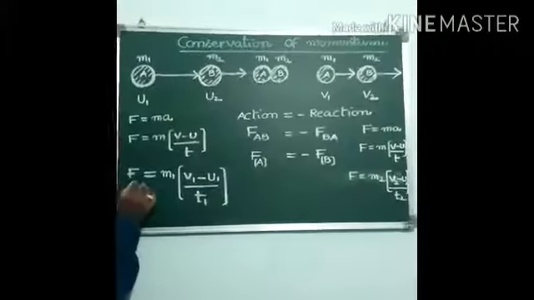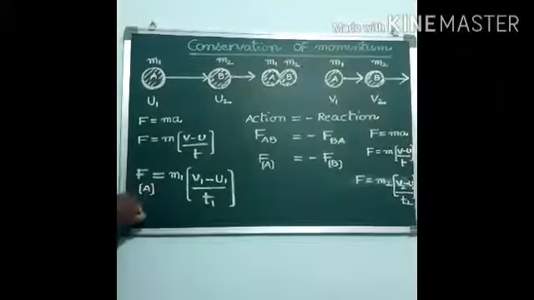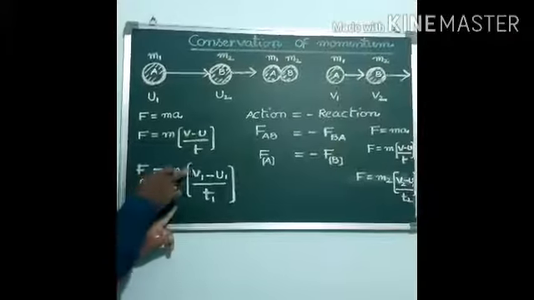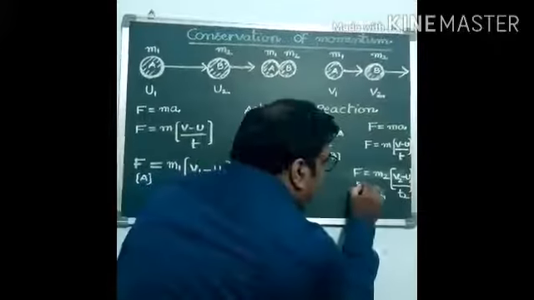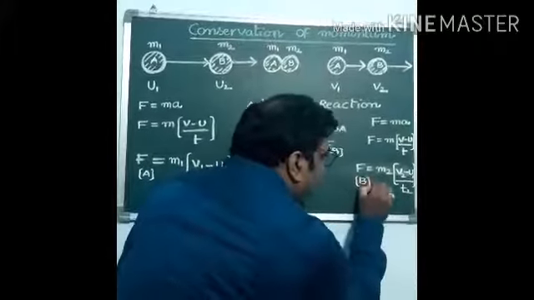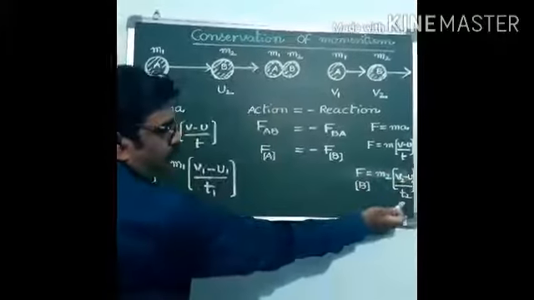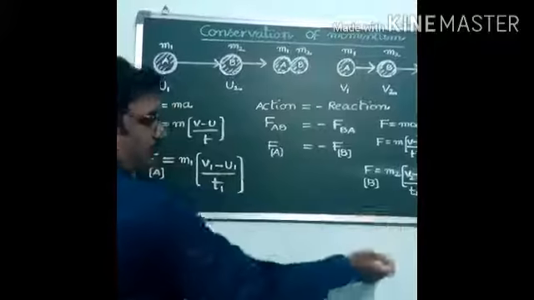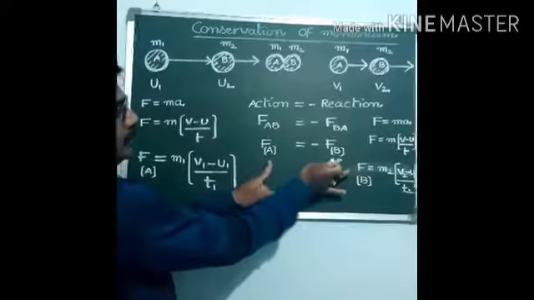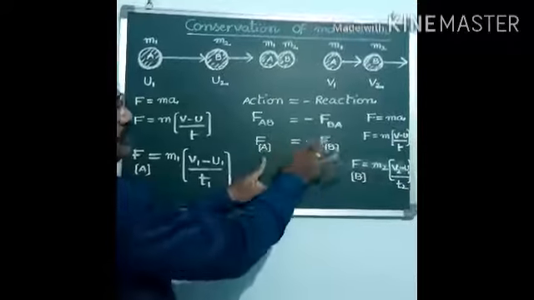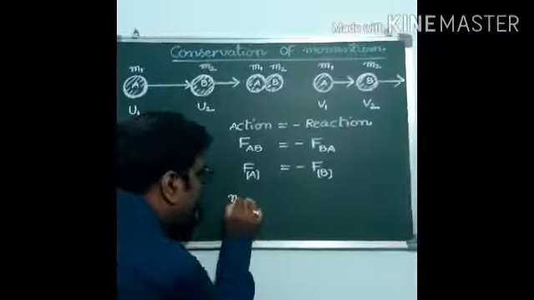The force applied from the A side, the equation is m1 times (v1 minus u1) by t1, and for spherical object B, m2 into (v2 minus u2) by t2. These are the two formulas, and I can substitute to obtain the equation, action equal to minus reaction.